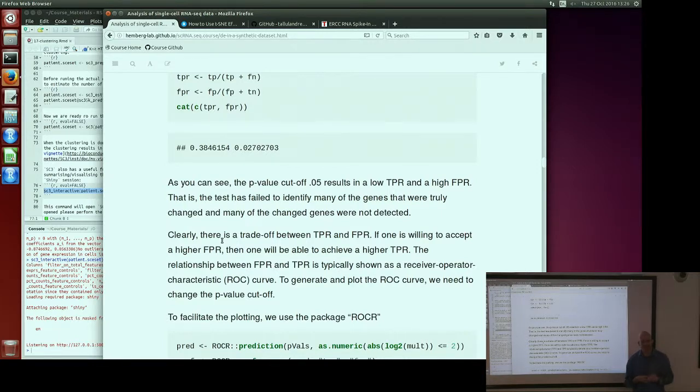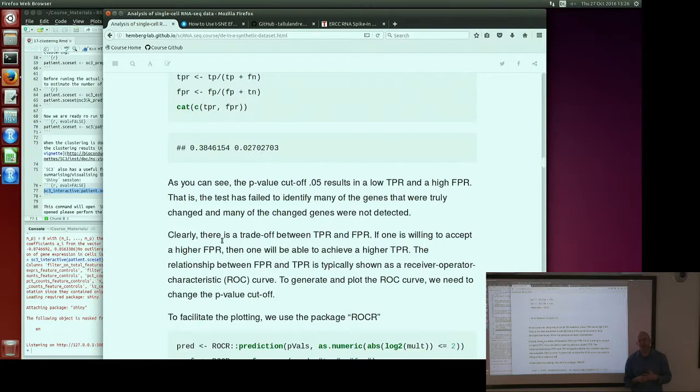But of course, the advantage is that we're going to have fewer false positives, because since we're more stringent, we're not going to accidentally call things that were not differentially expressed as differentially expressed. So there's a trade-off there, and it's very difficult to say exactly what is the right choice of trade-off between these two.